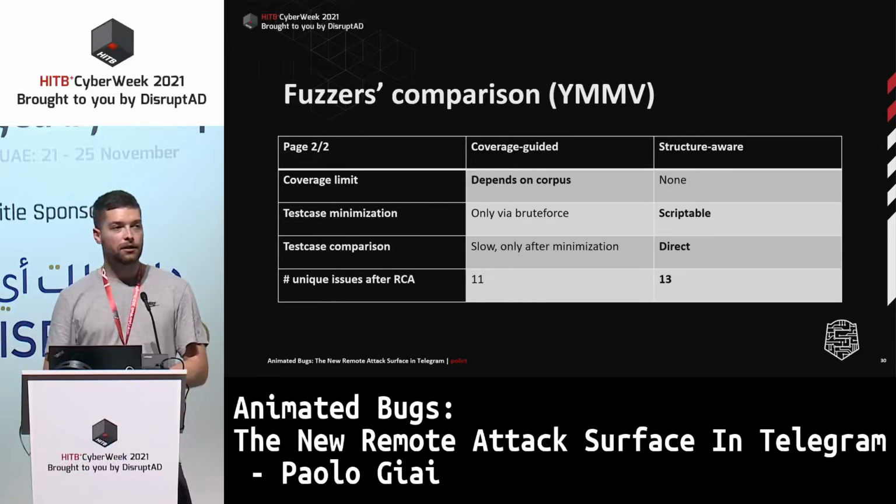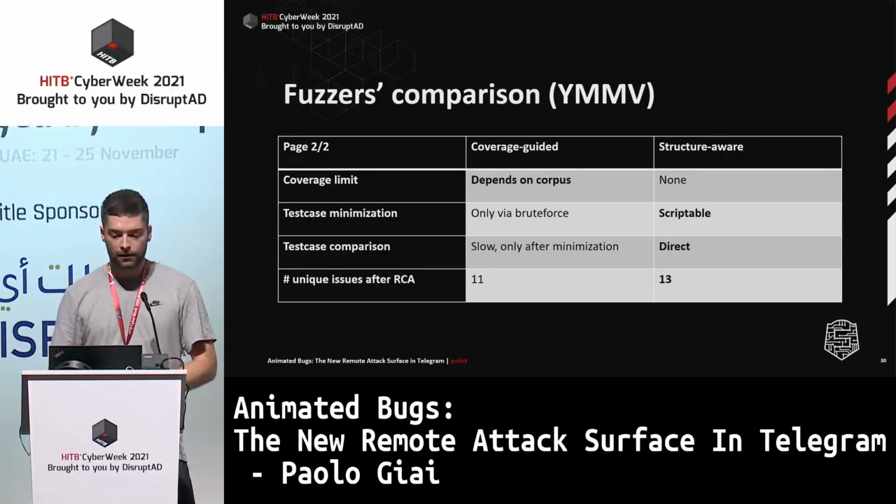Two points about the test case minimization and comparison. As I mentioned earlier, in simple coverage guided, it's possible really only through brute force or, of course, manually, but that was not an option.